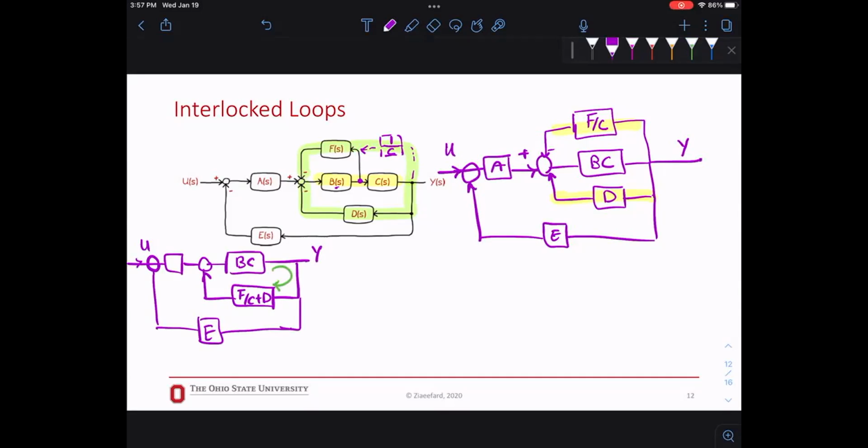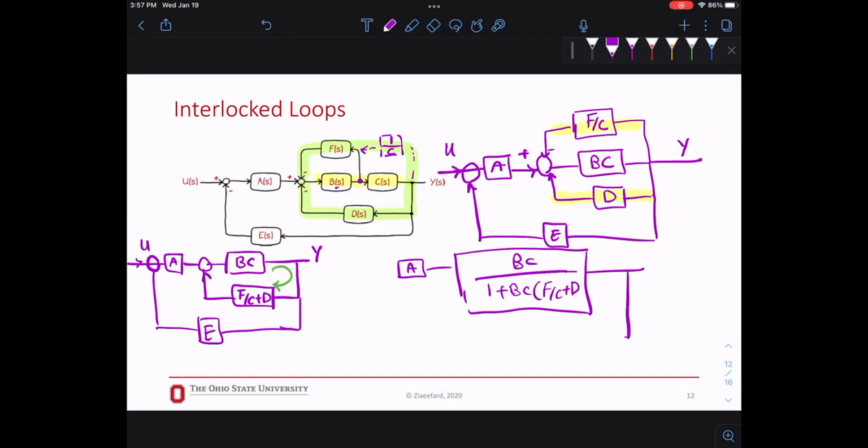I can simplify that. This is A. I'm gonna have A, BC over 1 plus BC times F over C plus D, times E, and U. So now this is basically solved because these two are in series.